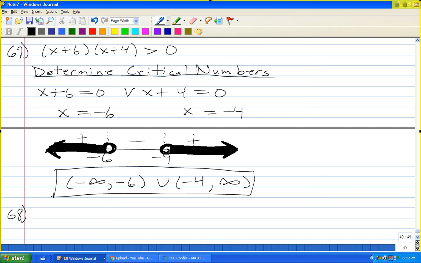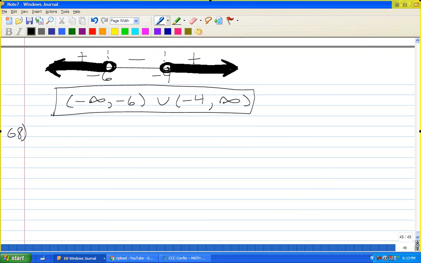68. X squared minus 4x plus 3 greater than 0.